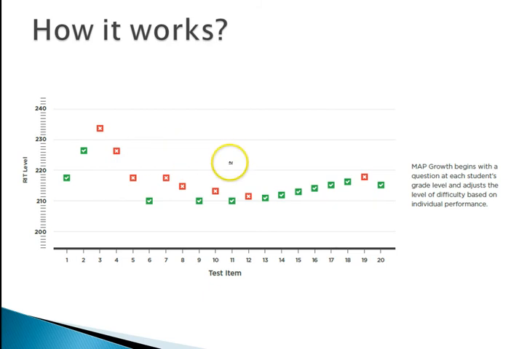With several test items done that way, the MAP software will be able to identify a level for that student and give him a score, which we call the RIT score. I need to mention that the MAP is done online on computers 3 times per year.